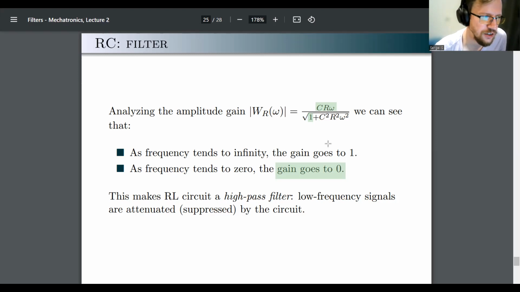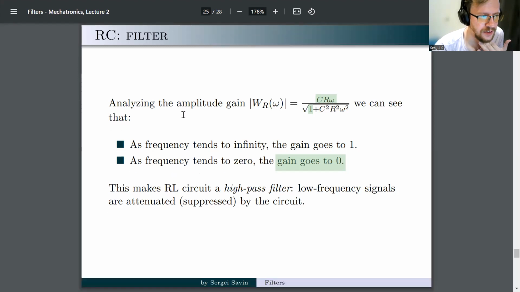They'll be measured exactly across the capacitor, while higher frequencies will be cancelled. All right. So you can see it is the twin brother of the RL circuit. They're very similar. Okay. Good.